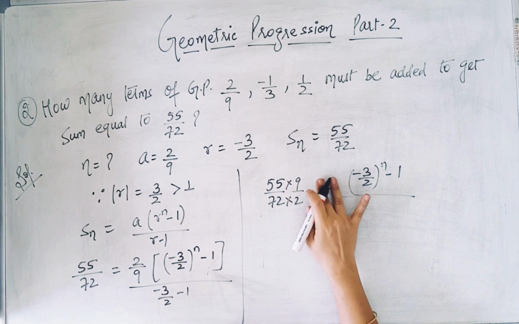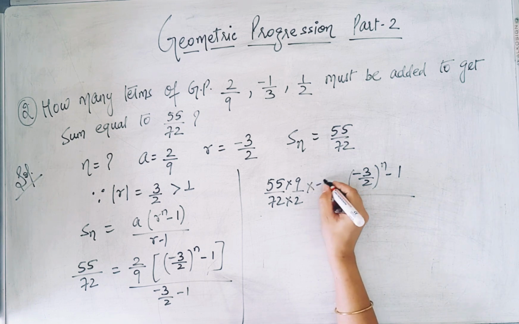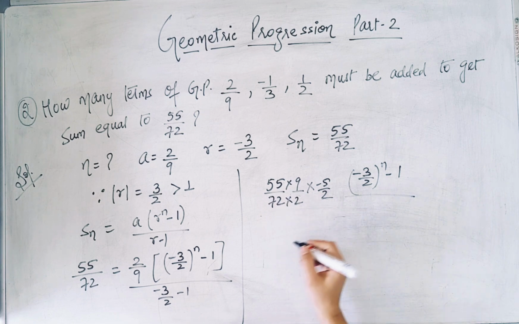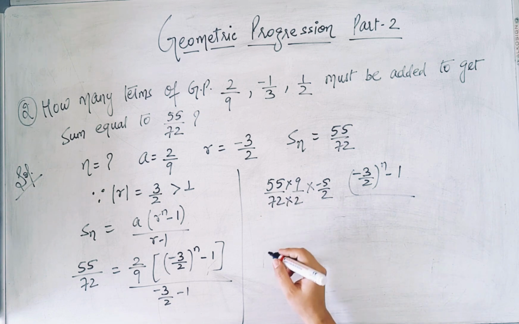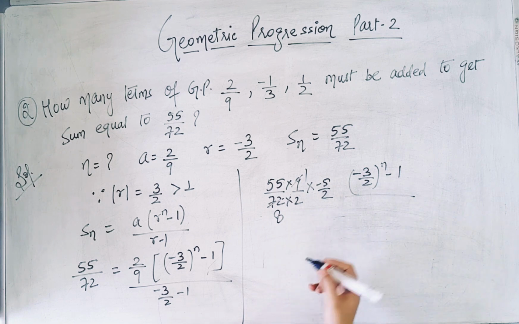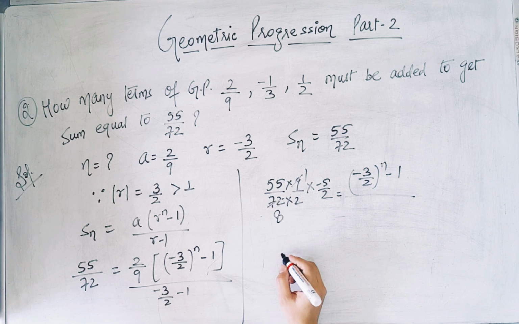So that 5 by 2 will go over here, thus we will get it like this. Now we will multiply it. So 9 ones are 9, 8 nines are 72.